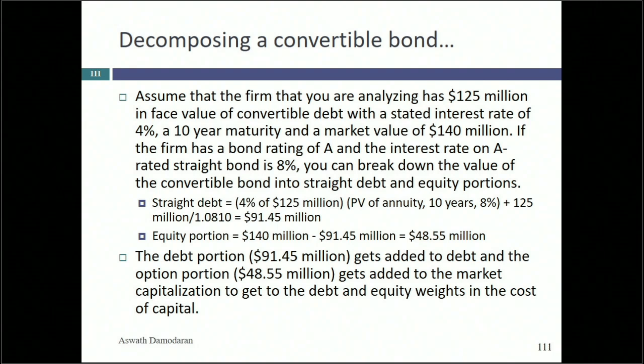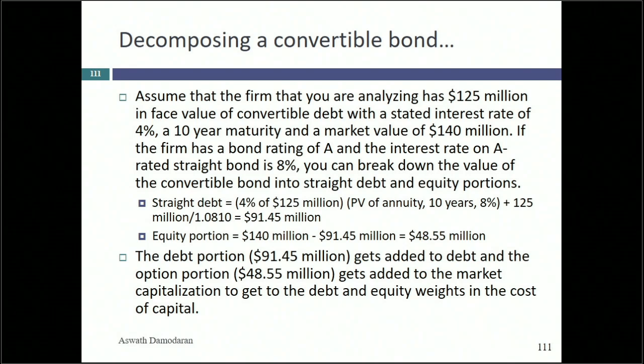I said if this bond had been just traditional debt, a straight bond, how much would I have paid for it? Remember, I have $10 million in interest expenses every year. The interest rate I should be paying on this bond, if it had been a straight bond, would have been 8%. If I take the value of this bond using that 8% interest rate, the value I'd have got would have been $91.45 million. So if this bond had just been a conventional bond, I'd have paid $91 million.